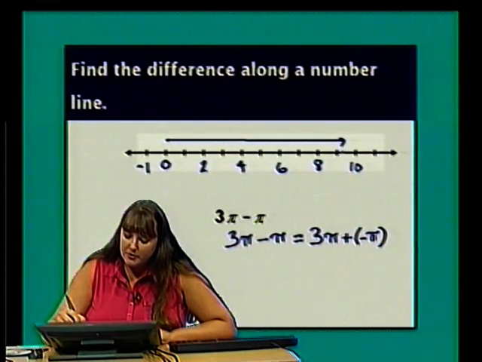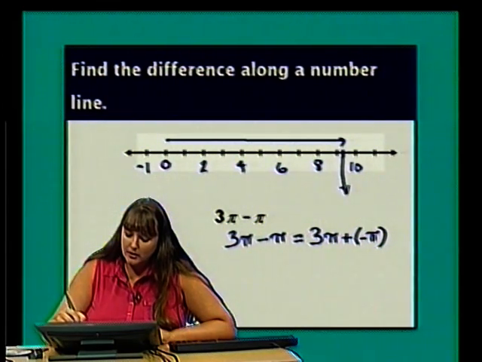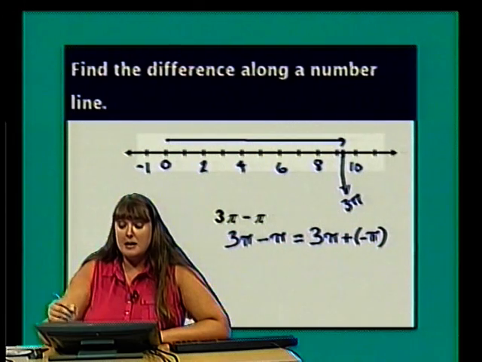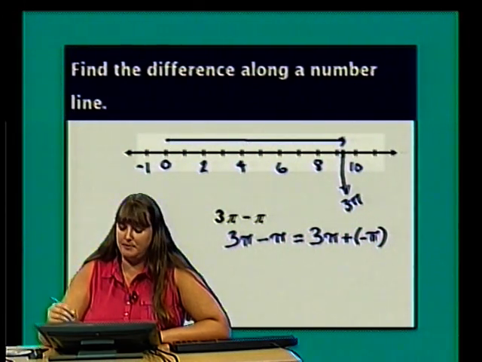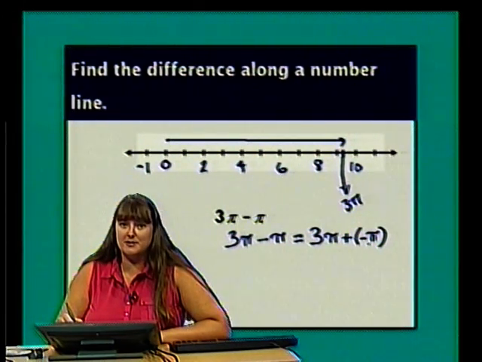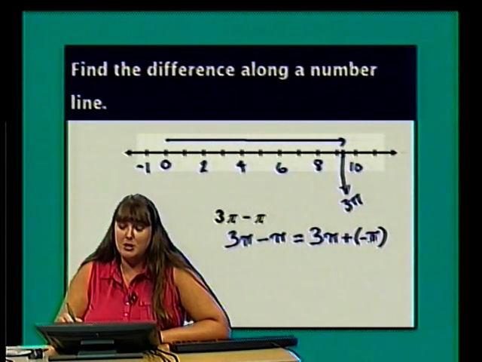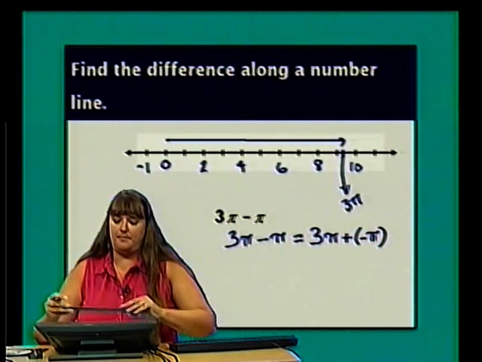So this would represent the point 3 pi on my number line. Now I want to pick up where I left off and move pi units to the left on my number line. Pi is about 3.14, so I want to move a little more than 3 units to the left on my number line.